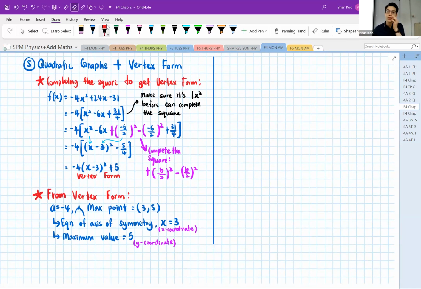I just want to also talk about sketching graphs. Just want to remind you that if you want to sketch your quadratic graphs, you need a few things like your max and min point.